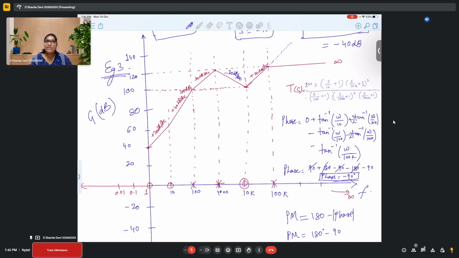And also the idea is that in your system, the number of poles is always greater than the number of zeros. It is observed practically that in all the systems that are designed, the number of poles is always greater than the number of zeros.